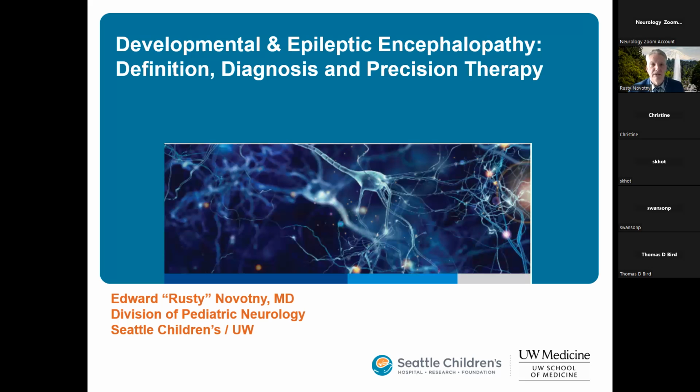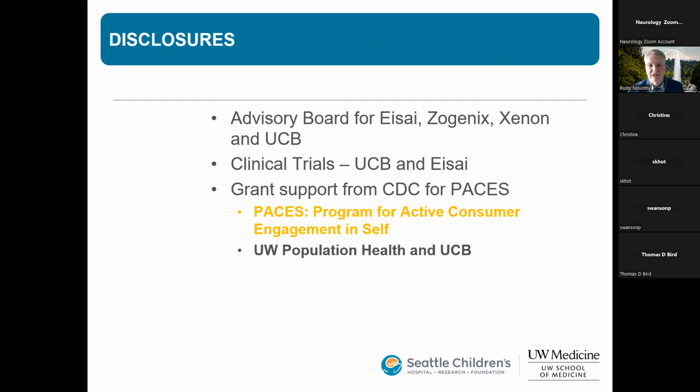So what I'm going to talk about is what are now referred to as developmental and epileptic encephalopathies. I should mention I'm on some advisory boards for some pharmaceutical companies that are making some of the new targeted therapies and been involved with clinical trials for UCB, ISA, and have some grant support from CDC and University of Washington Population Health and UCB.